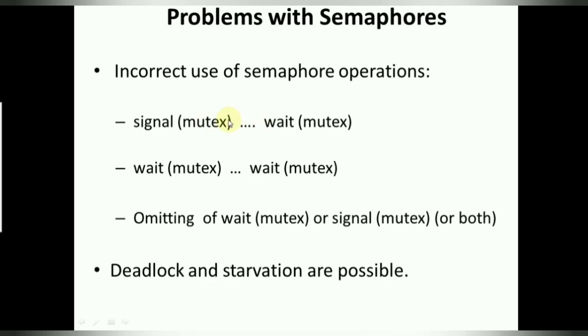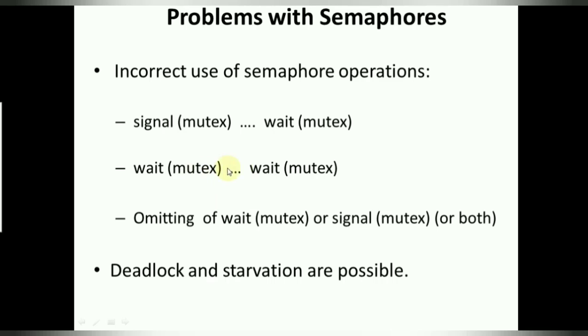What if that is reversed? What if signal mutex is run first and then the wait mutex is run, what happens? The mutual exclusion is violated. You are allowing other processes to enter the critical section.